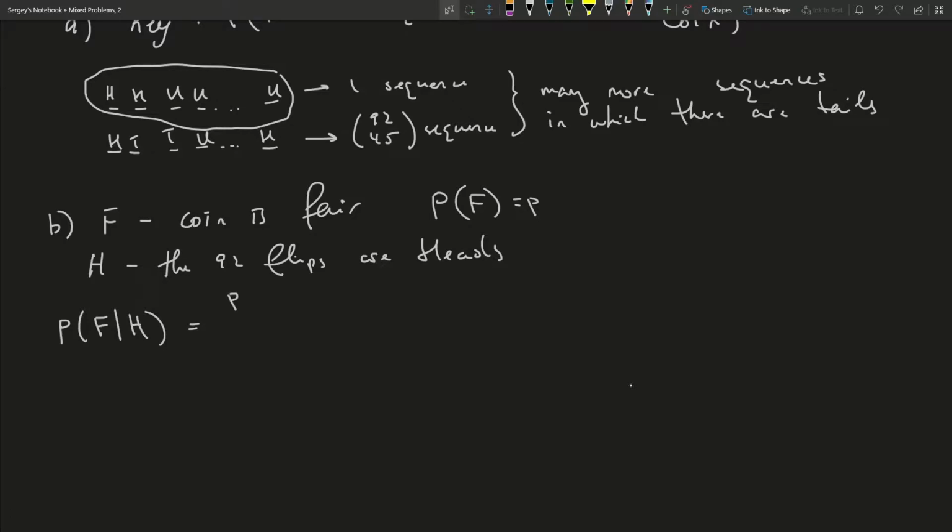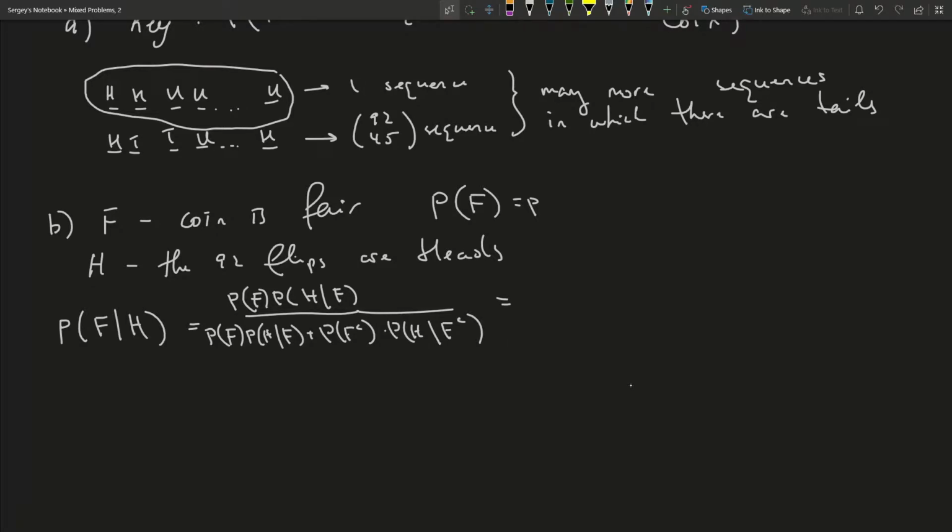So this is the prior probability of the coin being fair, times the probability that we observe 92 heads, given that the coin is fair, over, we copy this result from the numerator, plus the probability that the coin is not fair, times the probability that we observe 92 heads given an unfair coin.